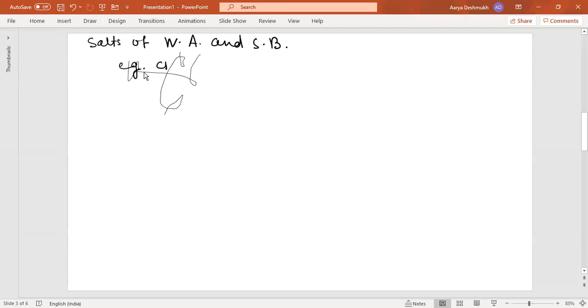CH3COONa. For example, CH3COONa. Now this salt, CH3COONa, is formed by a weak acid like CH3COOH and a strong base, here it is NaOH.